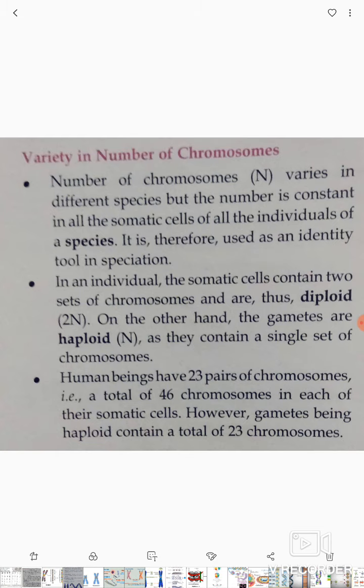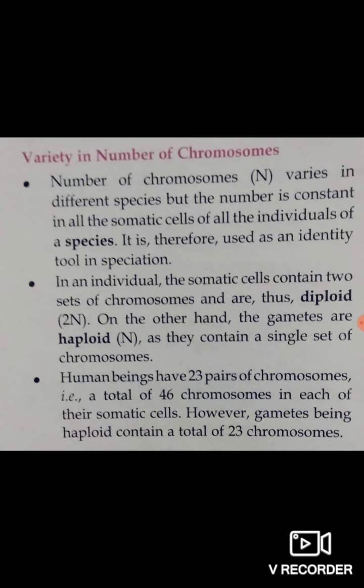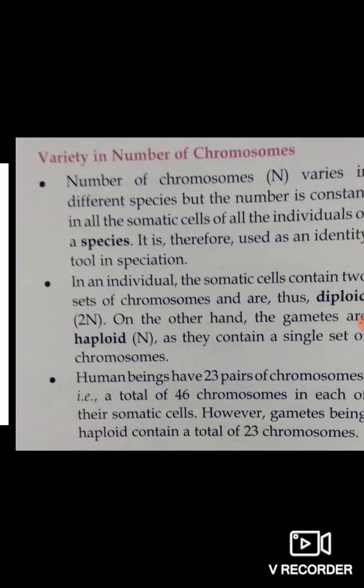Again, in an individual, the somatic cell contains two sets of chromosomes, and they are called diploid. On the other hand, the gametes are haploid because they contain only a single set of chromosomes. Human beings have 23 pairs of chromosomes.